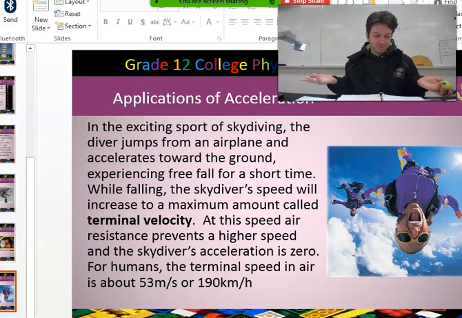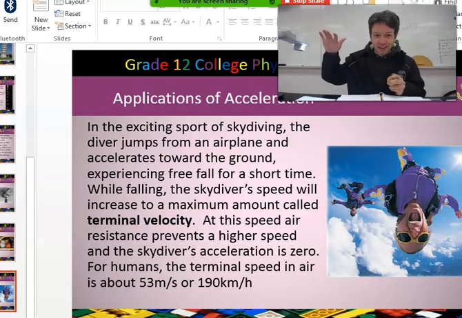I'm sure you can visualize this. If you're in your car driving at, say, 40 kilometers per hour and you have your window open, there's a little bit of a breeze. But if you're going at 100 kilometers per hour, there's a much stronger breeze. Same thing when you're falling. The faster you go, the stronger the breeze, and that stronger breeze actually reduces your acceleration.